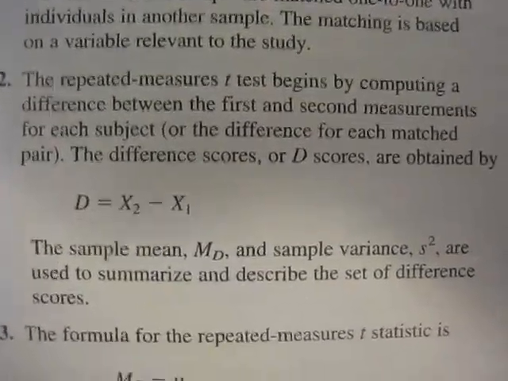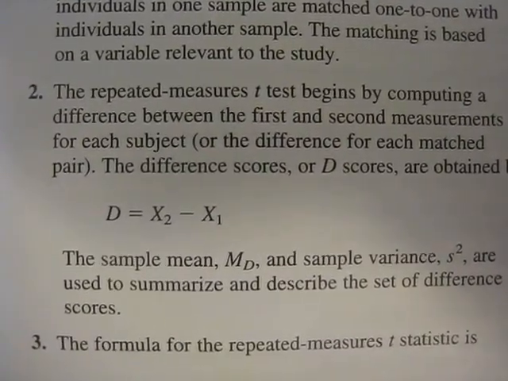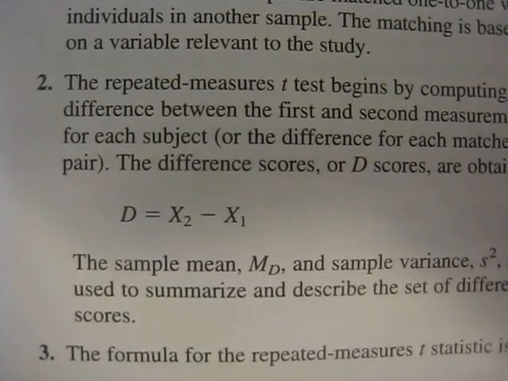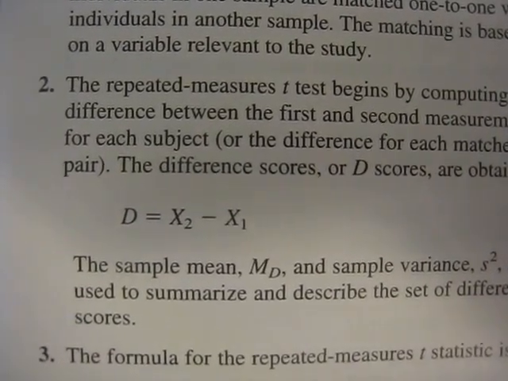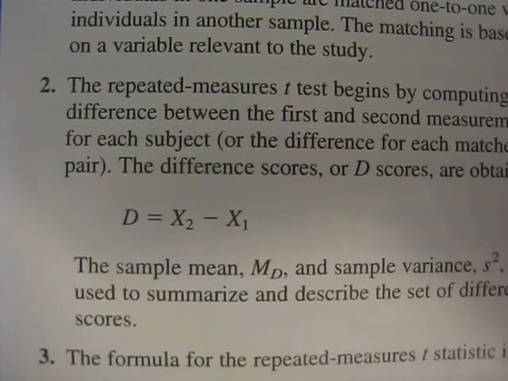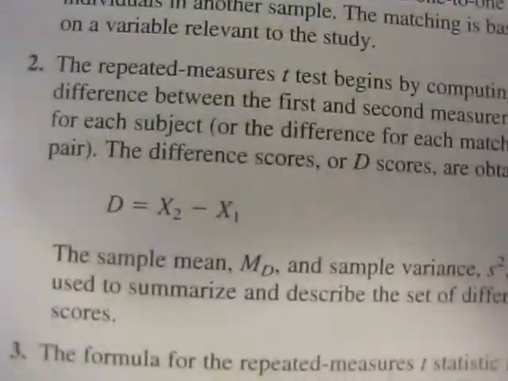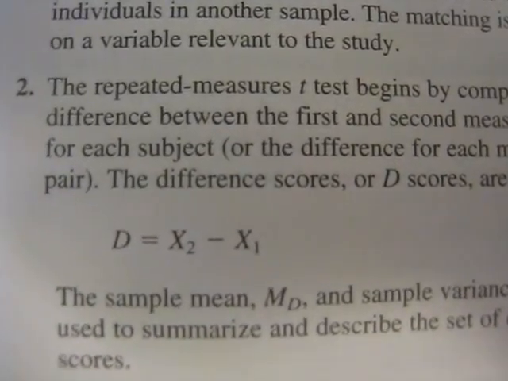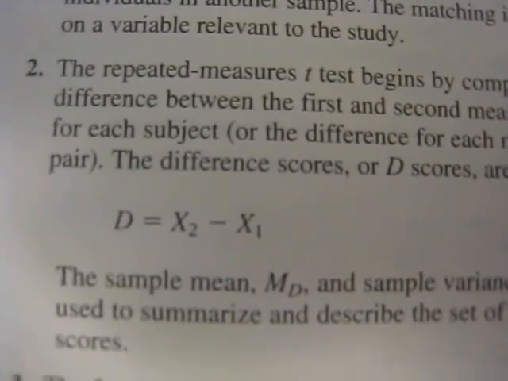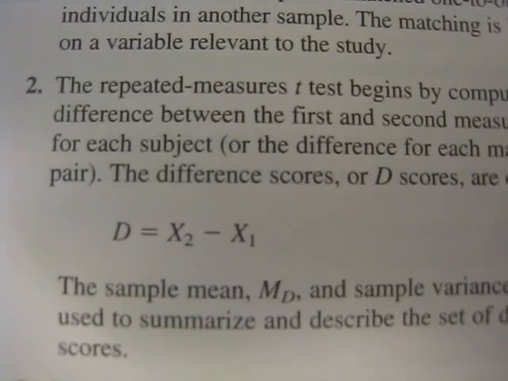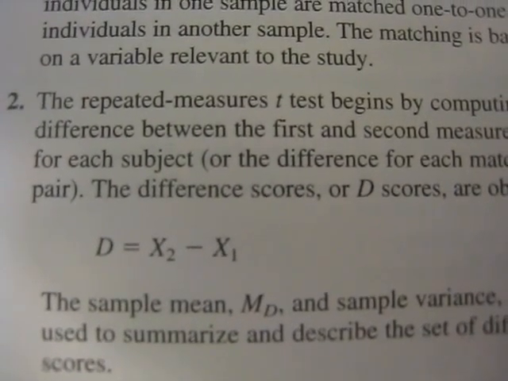And then if we jump over to number 2 here, this formula D equals x2 minus x1. So whether it's repeated measures or any kind of related samples design, really, you're getting a specific score at 2 different places.